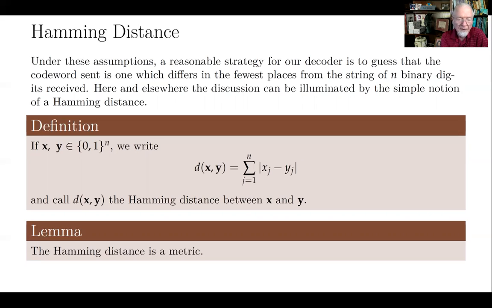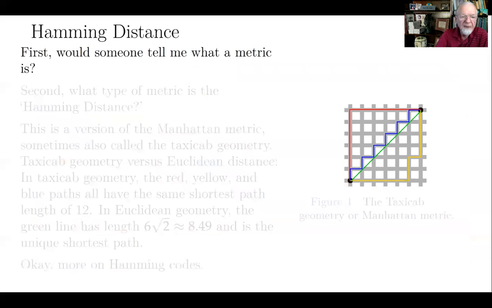As opposed to the Kullback distance, which isn't a metric, the Hamming distance is a metric, but it's a rather unusual one. We're used to dealing either with the Euclidean distance or with the Lorentz distance in special relativity, or the distance in general relativity. And this is a rather different one.